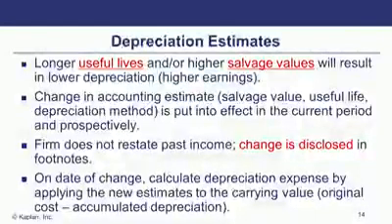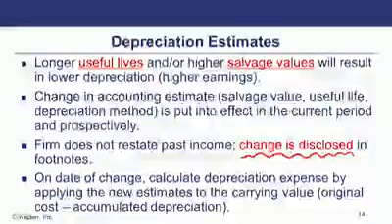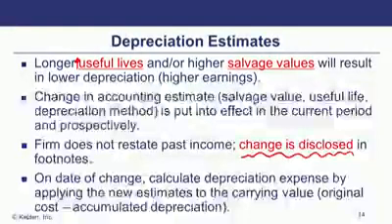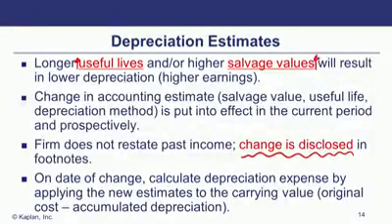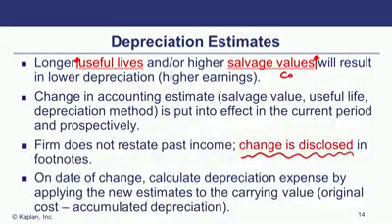Okay, so notice the change is going to be disclosed in the footnotes, and we apply the new method going forward. Now, of course, by changing our useful economic life or salvage value, if we give a higher useful economic life or a higher salvage value, we get lower depreciation. Easiest way of thinking about it is just looking at the straight line calculation: cost minus salvage value over useful economic life.